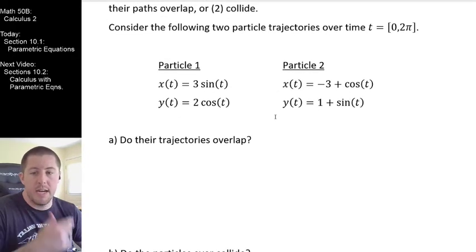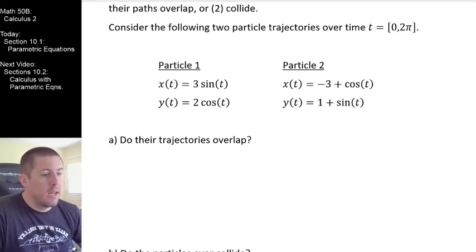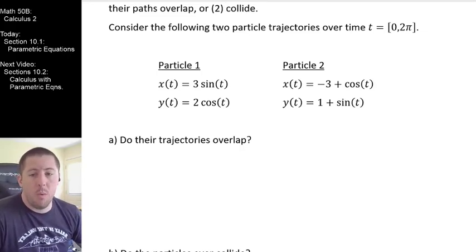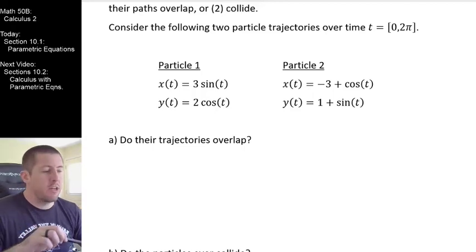And so let's go ahead and ask ourselves about these guys right here. Do their trajectories overlap? What this really means to me is I'm not worried about any arrows. I just want to know about the shapes of the graphs.